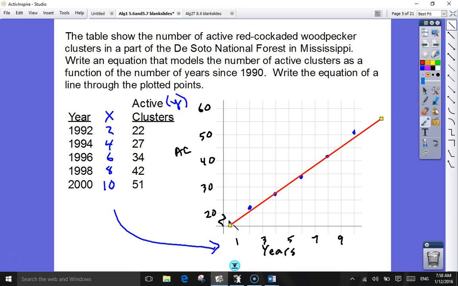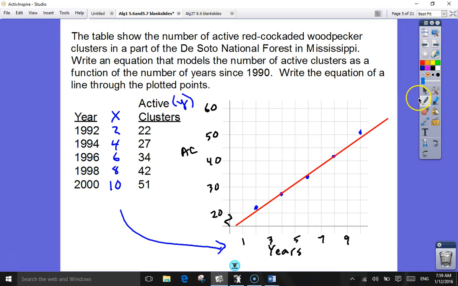No, I have it going through 2 points on that line. And it's missing 1 point that looks like it's below the line and 2 points that look like they're above the line, but it looks like it's going through the middle. So if we want to come up with the equation of that line, we know how to take 2 points and turn them into a line. So you would just look at the graph and come up with 2 points.